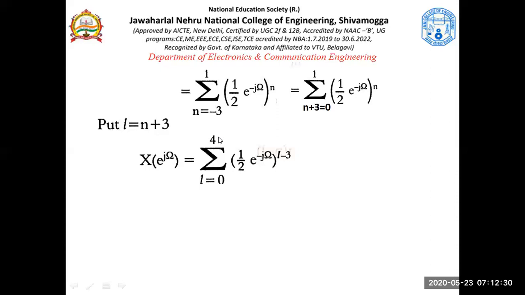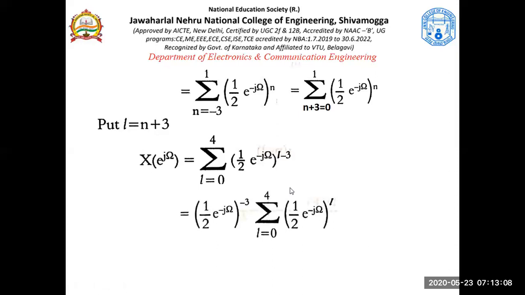Now this is some standard form, but we need to deal with this. What did we do? This n plus 3 is taken as L. So L is going from 0 to 4, but there is an n here. When we are operating with L, this cannot be n. So if this is L, what is n? n is L minus 3. So n is substituted as L minus 3. Keep the function of L inside the summation and keep the part which is not a function of L outside.